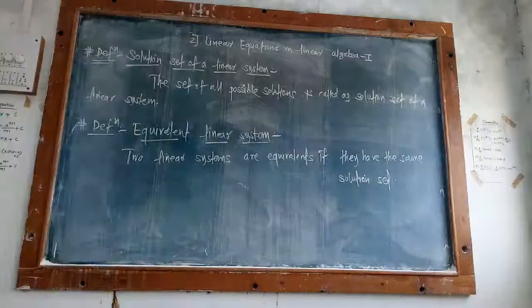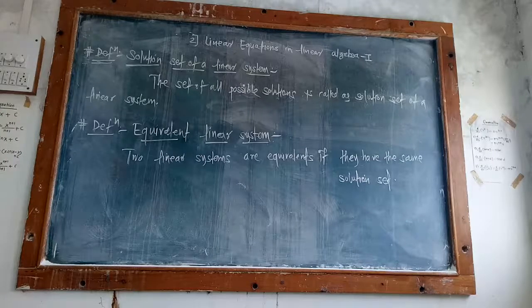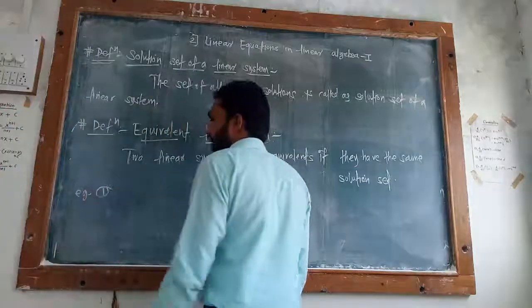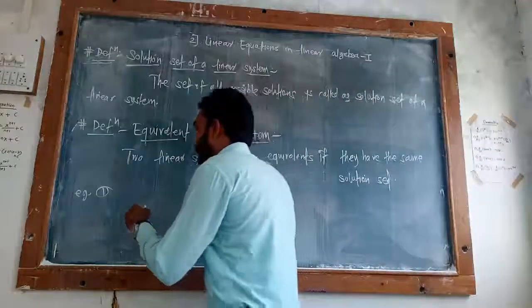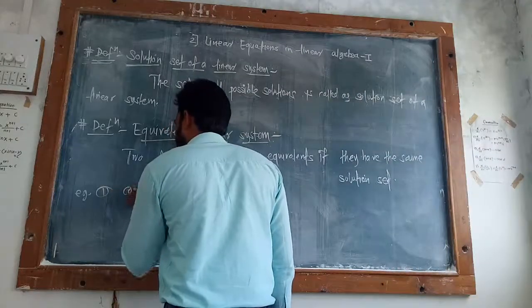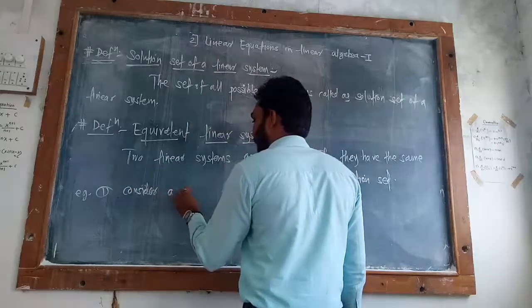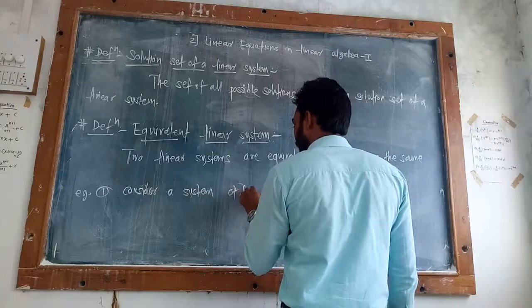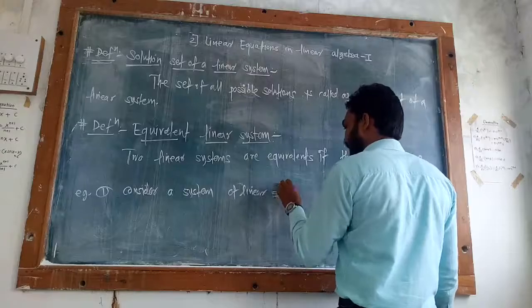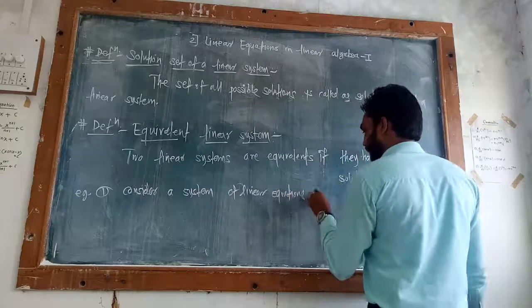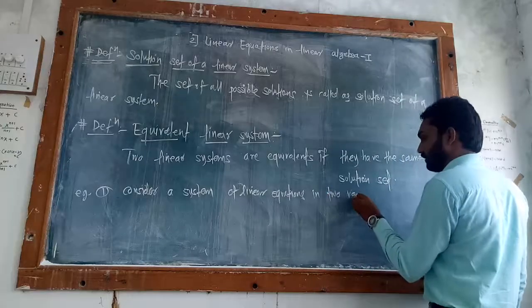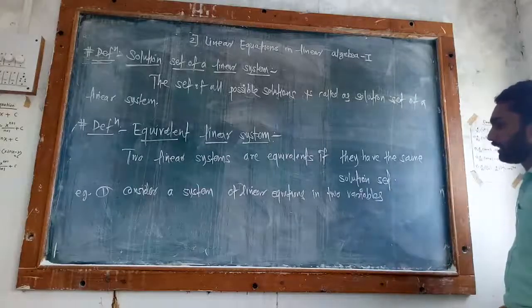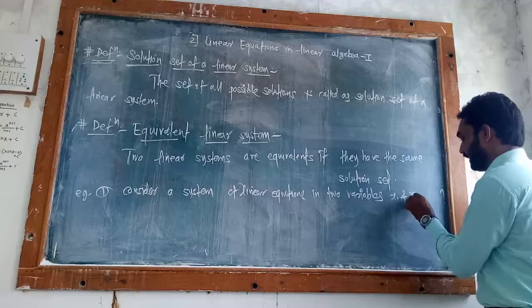Let us now look at the first example. Consider a system of linear equations in two variables x1 and x2.